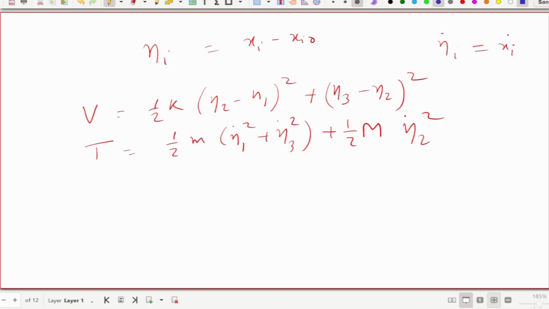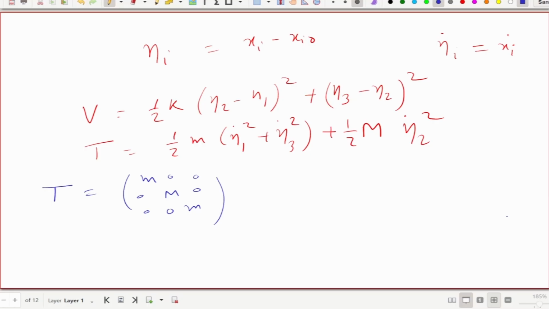Now we do not need to write the Lagrangian, but we need the V matrix and the T matrix. The T matrix is very straightforward, it is diagonal: small m, capital M, and small m. This is our T matrix, and for the V matrix let us expand the squares.